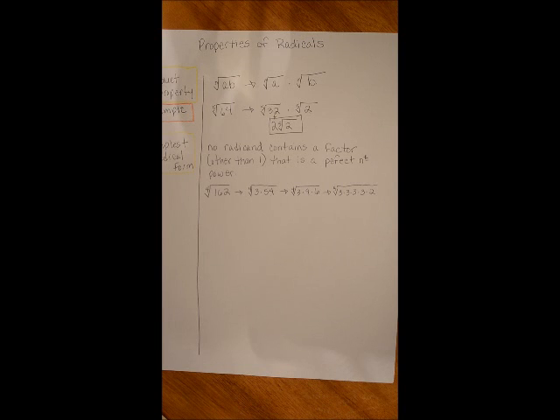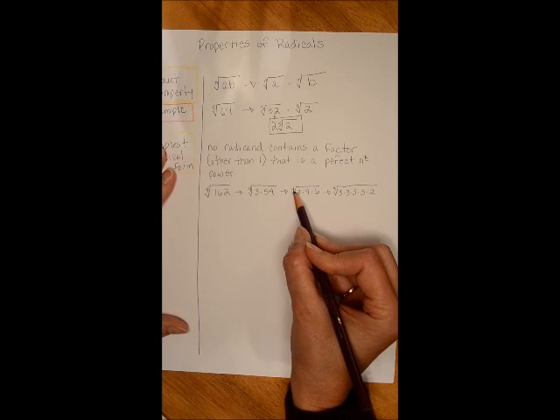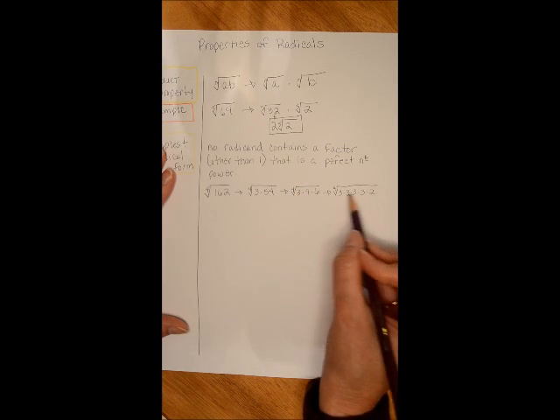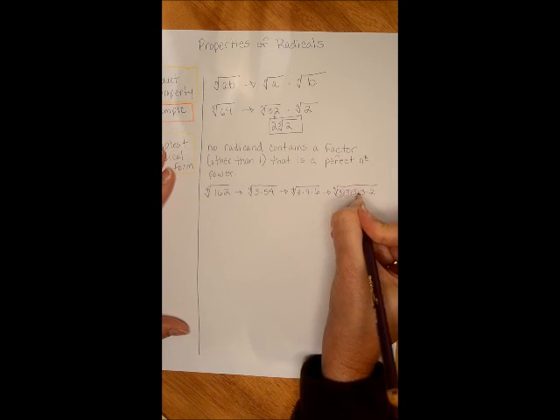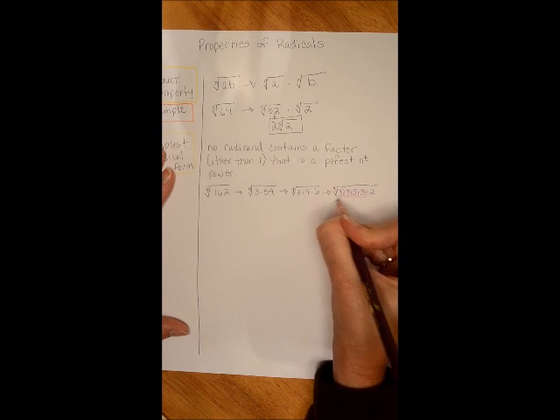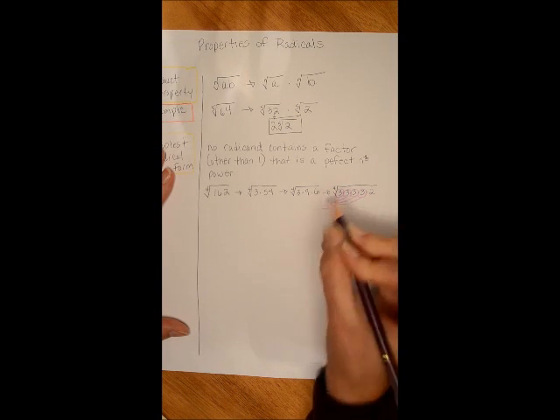So now that I have prime, I need 4 of something to pull 1 out. If you look, I have 1, 2, 3, 4 3s. With my 4 3s, I can combine them all together into one little package, and outside my radical sign, I'm going to get a 3.